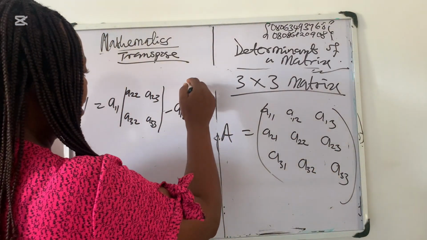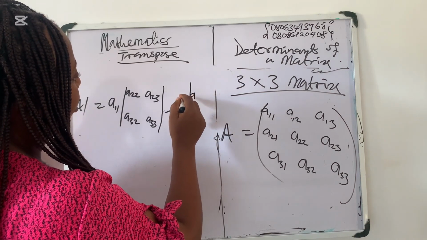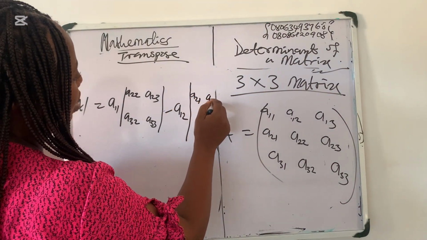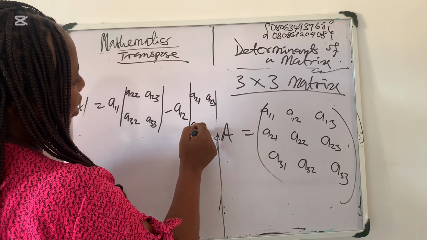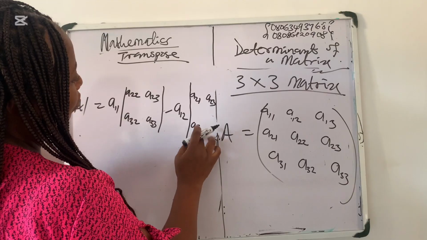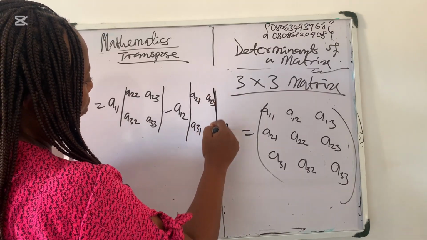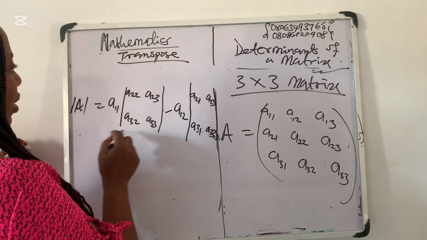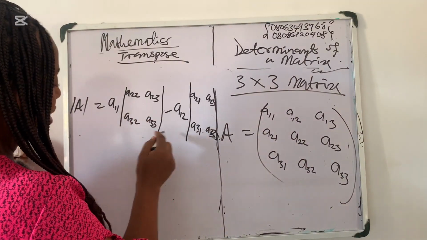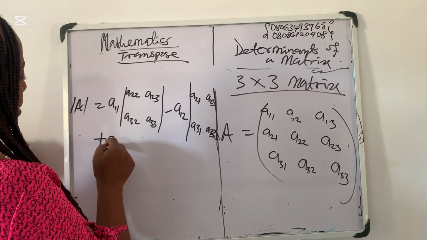So the entries for A12 will now be A21, A23, and A31, A33. We are done with that. We'll go again. The next one is A13. Remember, we alternate the signs. The next one should be plus A13.